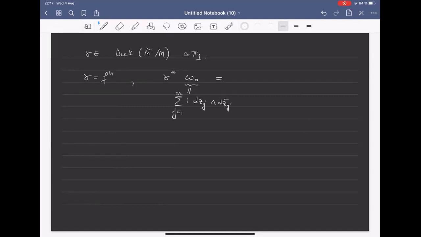So gamma star of the standard Kähler metric is just a constant. It's not important what the constant is. It's important that it is a constant. So it is this power of 2 times the Kähler metric.